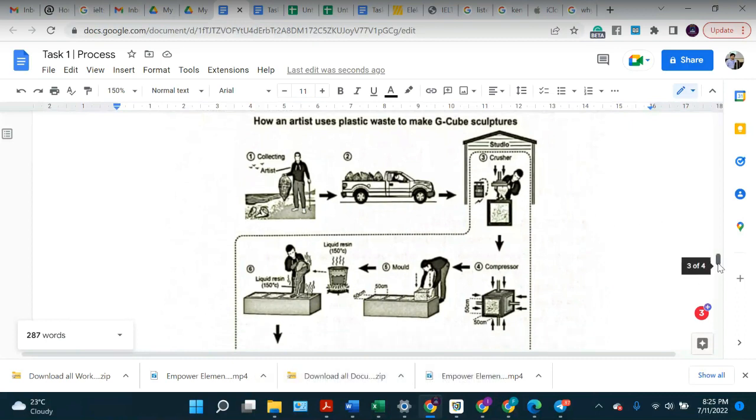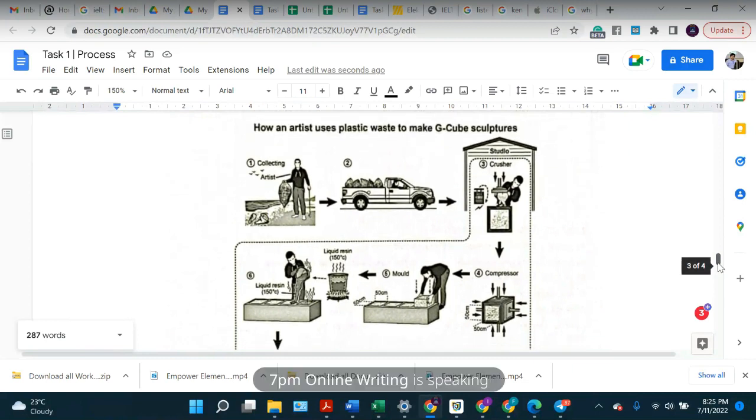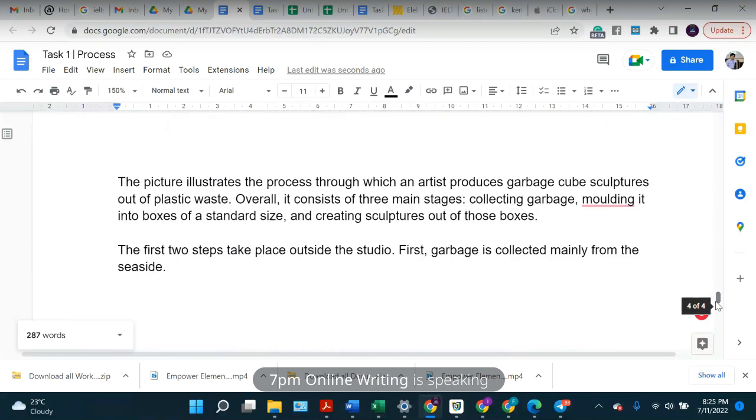So, what's another word for collect? Gather. Collect, gather. So you're saying once enough garbage or enough waste is gathered. Not garnered, right?